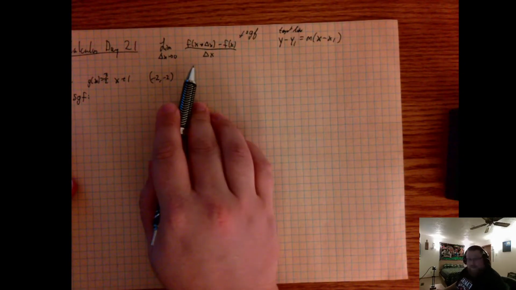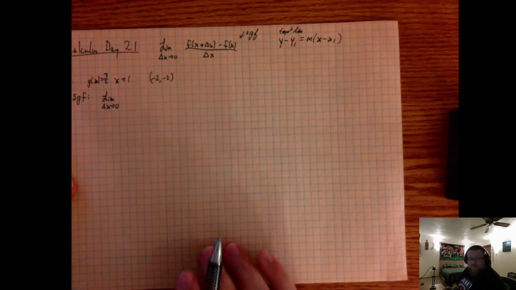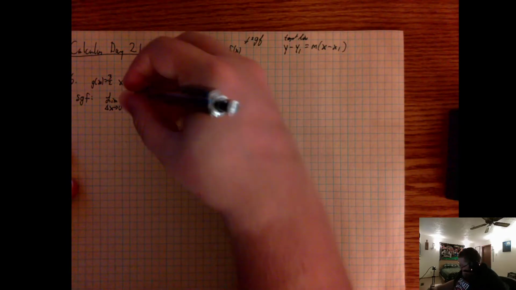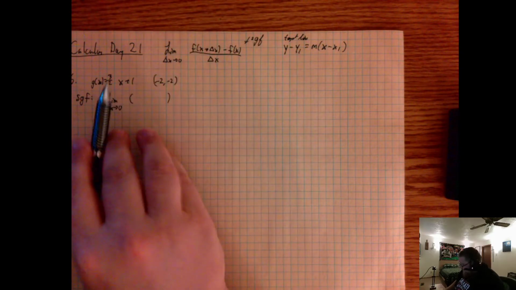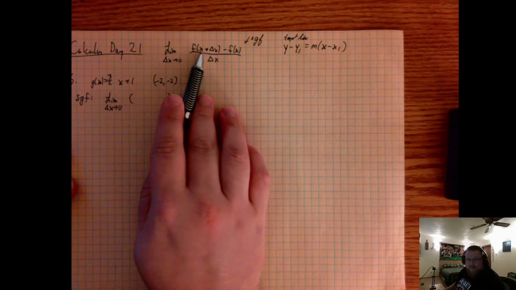So, in order to find the slope generating function, I'm going to plug into this limit. The limit says, I take the limit as delta x approaches 0. That never changes. It's always delta x approaches 0. And then the first part is the original formula, but everywhere there used to be an x, I replace it with x plus delta x.